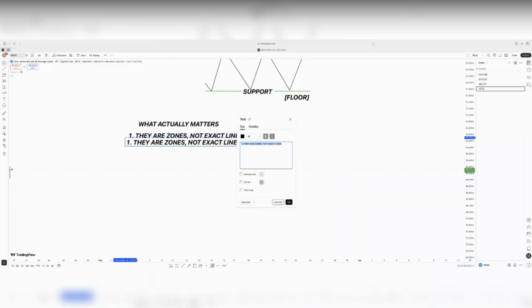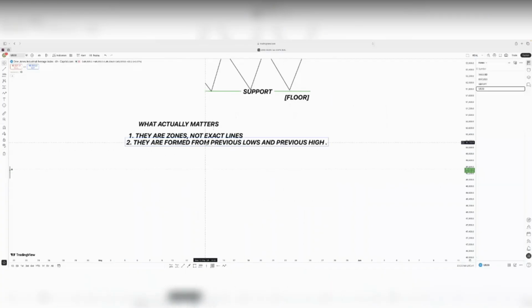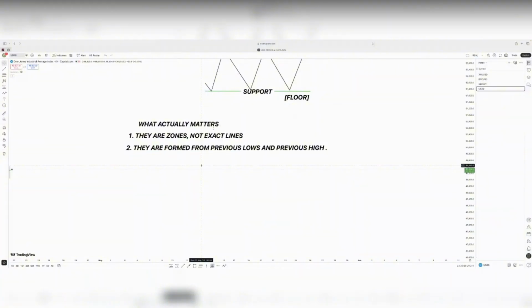Now, the second thing to remember is they are formed from previous lows and previous highs. What is a low? A low is basically a support, and a high is basically resistance.